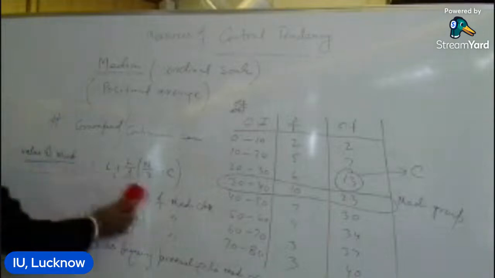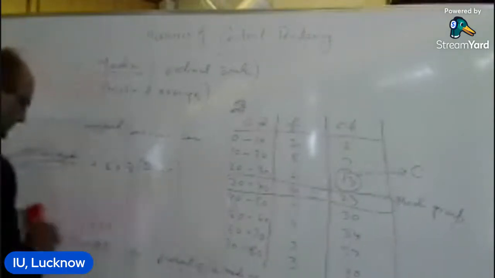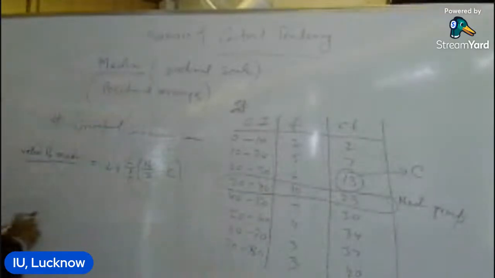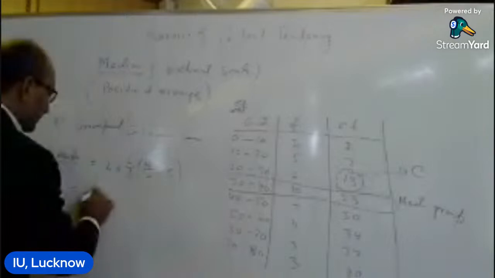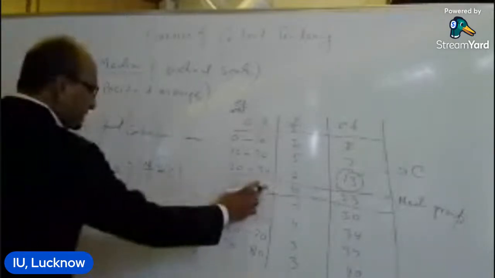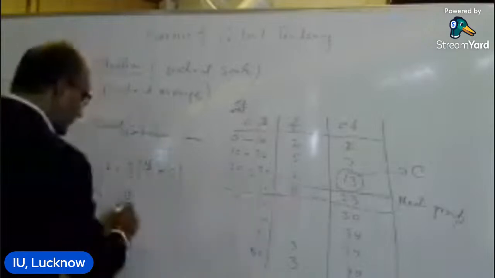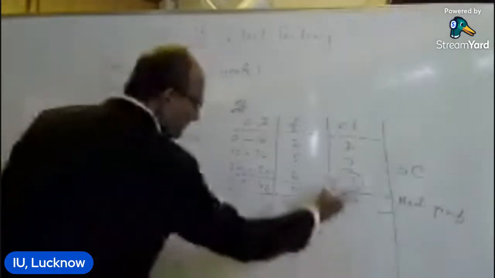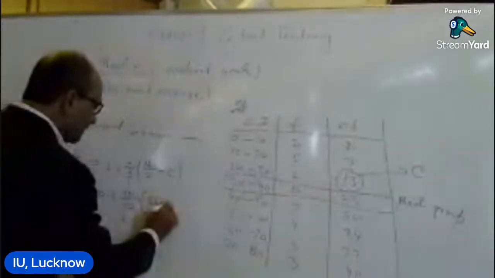So we put the values in this formula and we will get the value of the median. Here L is the lower limit, this is 30. H is 10, the width of the class interval, and the frequency is again 10. N by 2, we already found, 40 divided by 2 means 20, and C is 13.